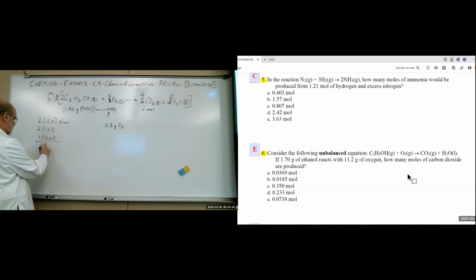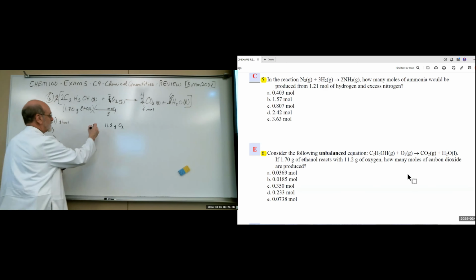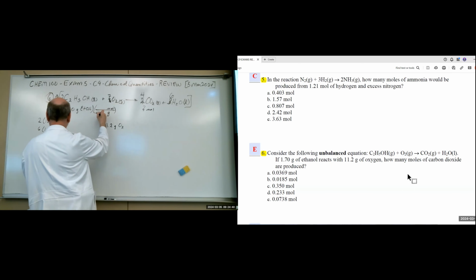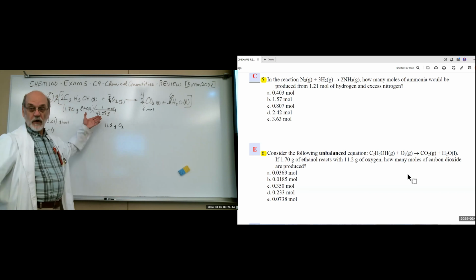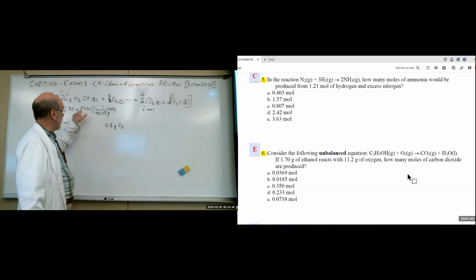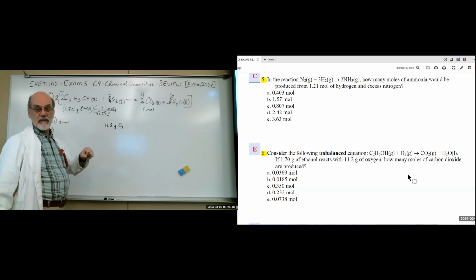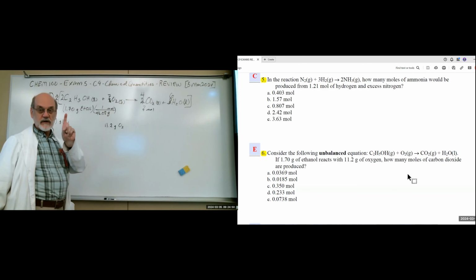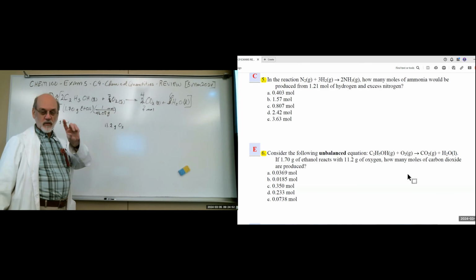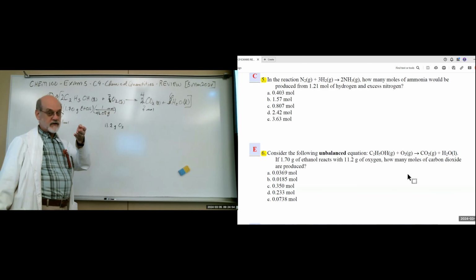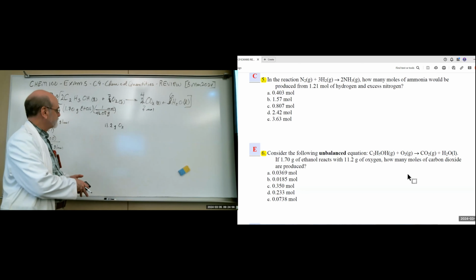46.08 grams per mole. And it's inverted in this case because I need to cancel the grams. And remember, all conversion factors are equal to 1. So if we invert the conversion factor, it's still equal to 1.